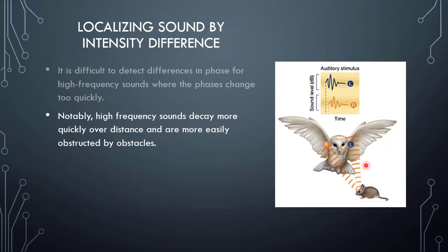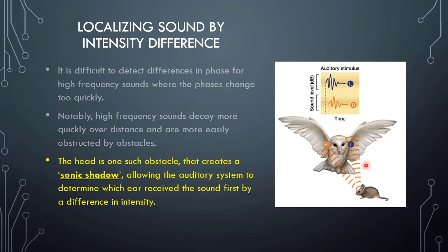And so this is where some of the features of the way that our ears and our head are designed make a lot of sense. Because in our case, the head can act as an obstacle, and it can create what's called a sonic shadow. So if I have a high frequency sound coming from the right side of my head, then the head blocks some of that sound and it reaches the left ear as a sound that's a little bit quieter.